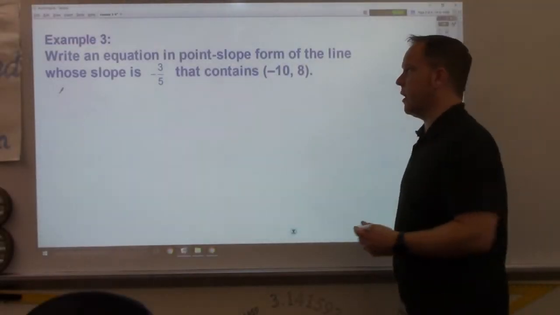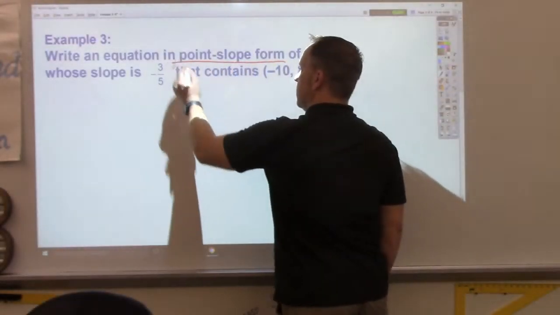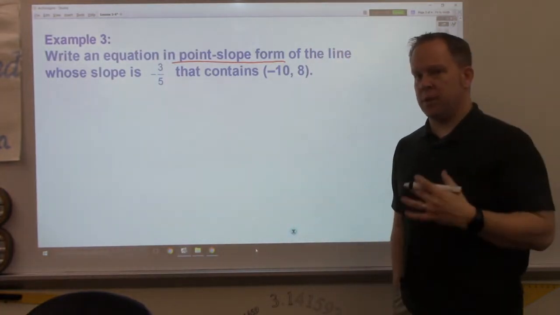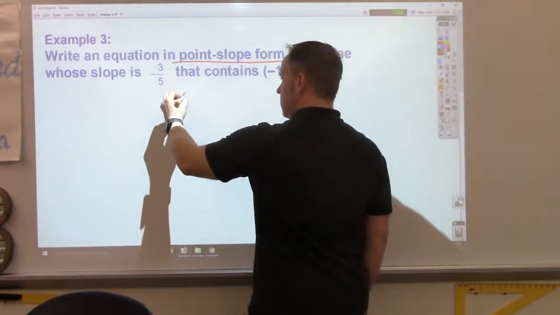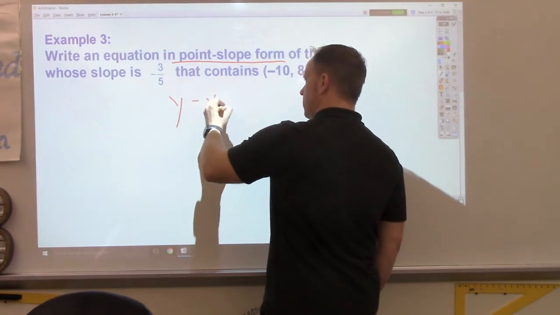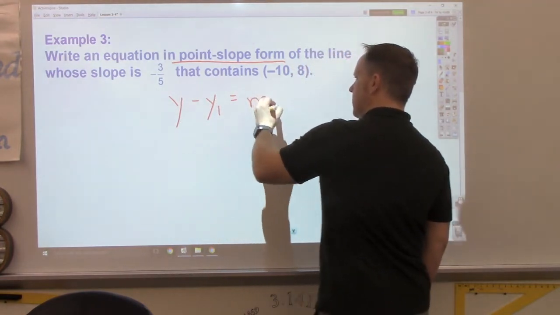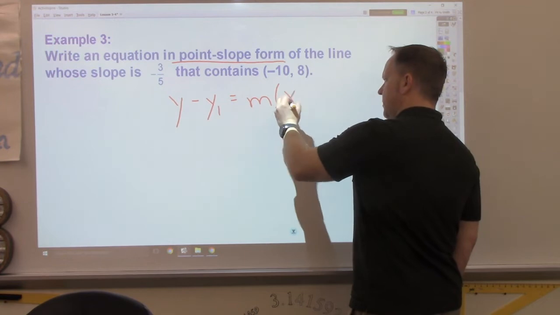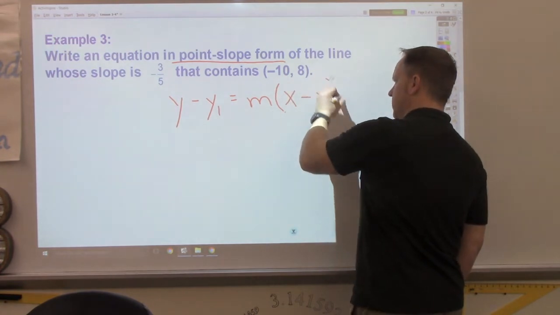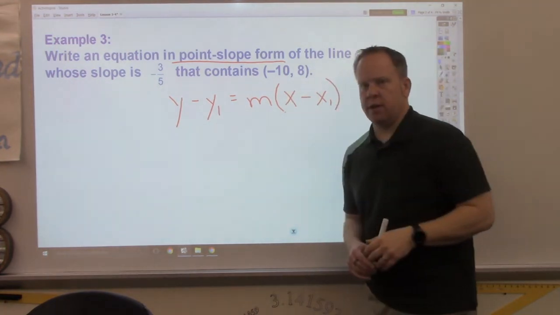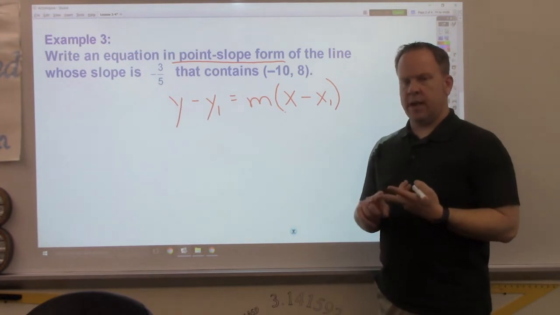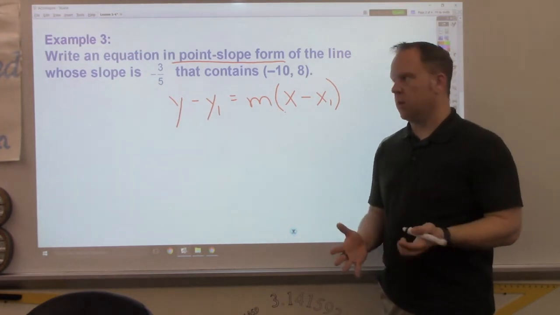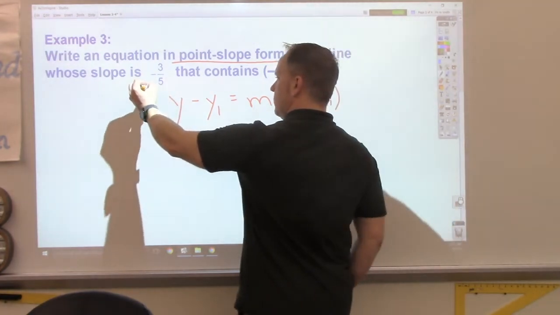Okay, so let's look at point slope form. Now that equation is a little longer, but it's just as easy. Y minus y1 equals m times the quantity of x minus x1. Keep in mind, folks, we're only putting in 3 values: the slope, the x1, and the y1, and then we leave it alone. Here's my slope.